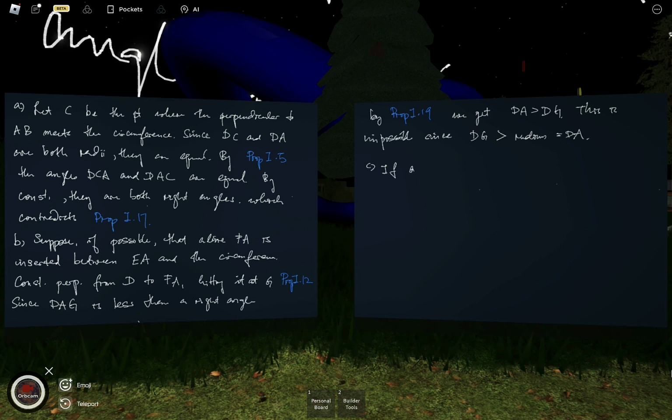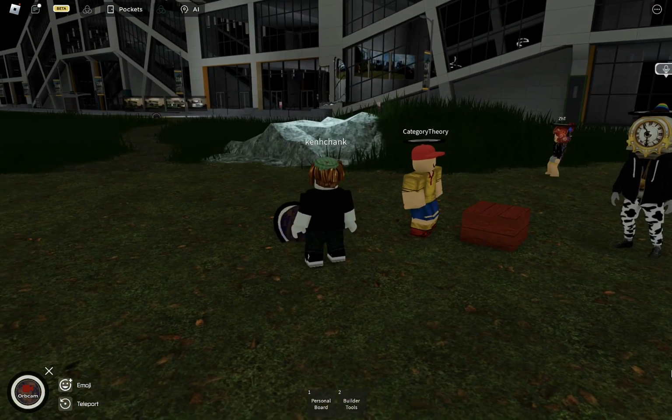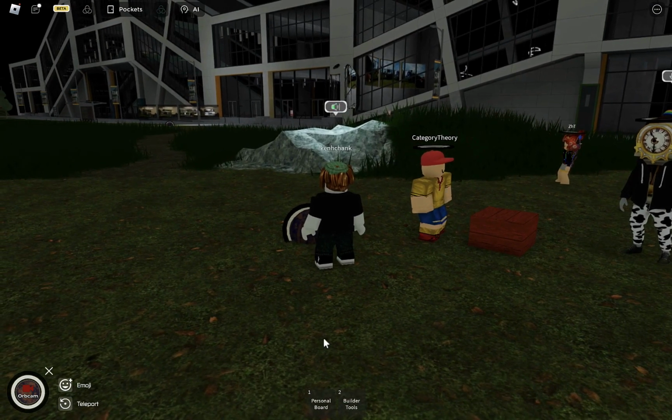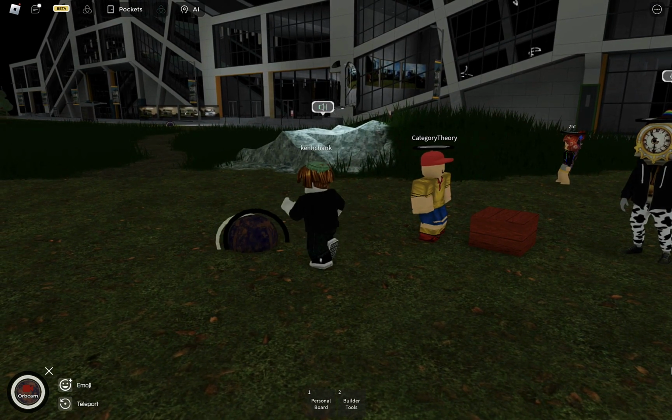So if any acute rectilinear... I don't remember the word acute appearing in the statement of the proposition, but it appears in the proof. It's in the statement. Okay, I just missed it. Did I write it? I did write it. Sorry, I just forgot what I wrote.